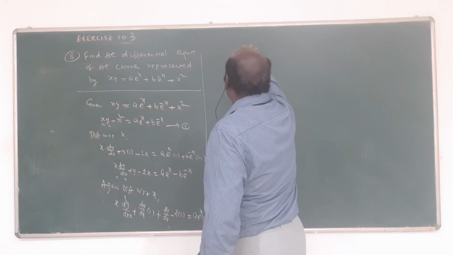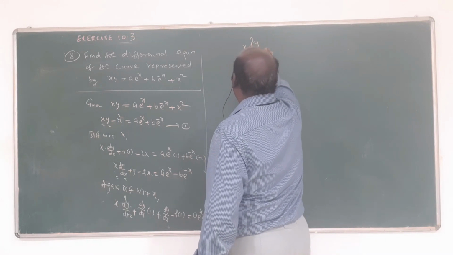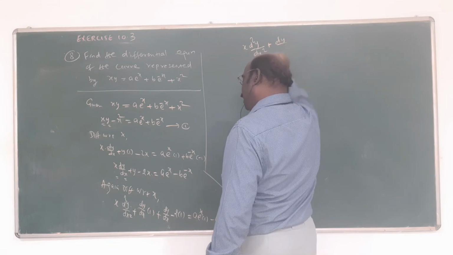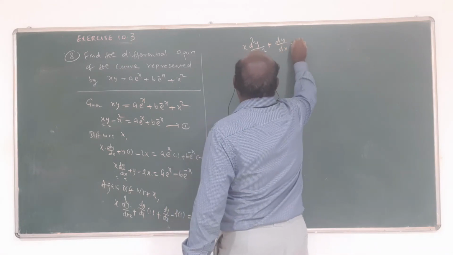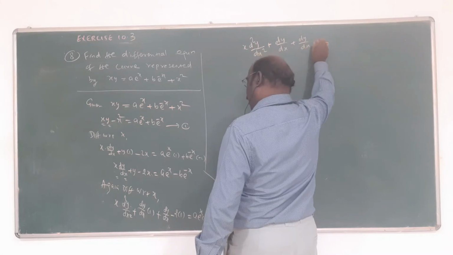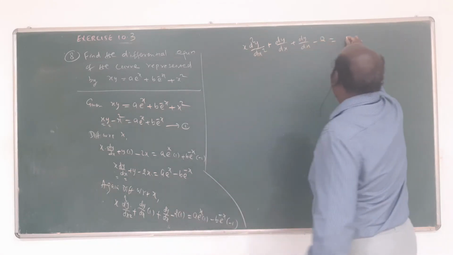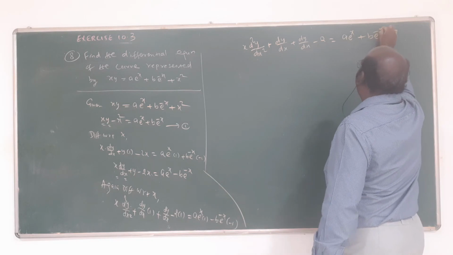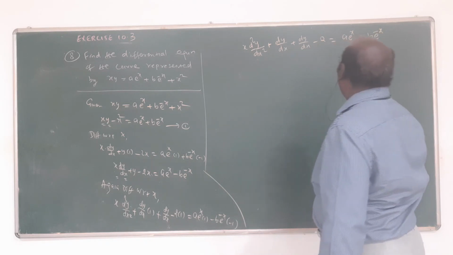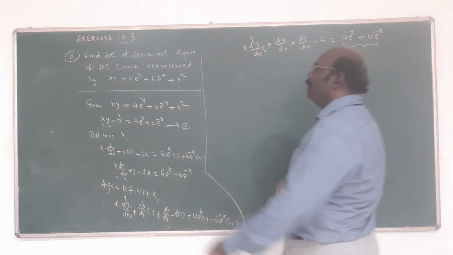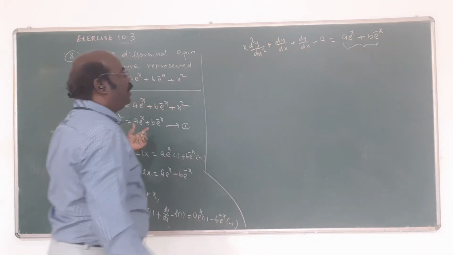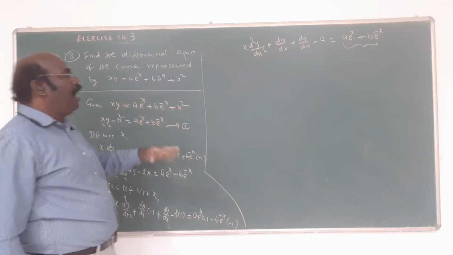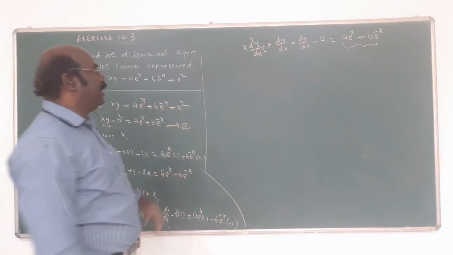Left-hand side: x d²y/dx² plus dy/dx, here also dy/dx, minus 2, equals a e^x plus b e^(-x). Now the right side is what we already found out in equation one. Substitute, and automatically a and b are eliminated. That is the answer.